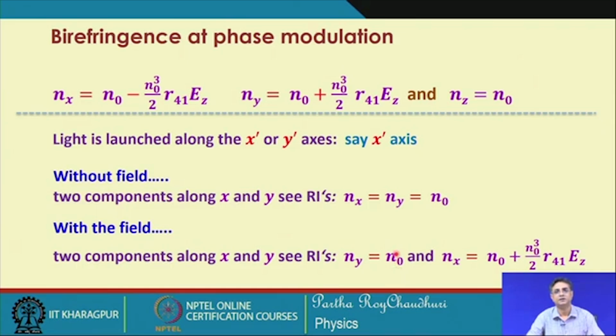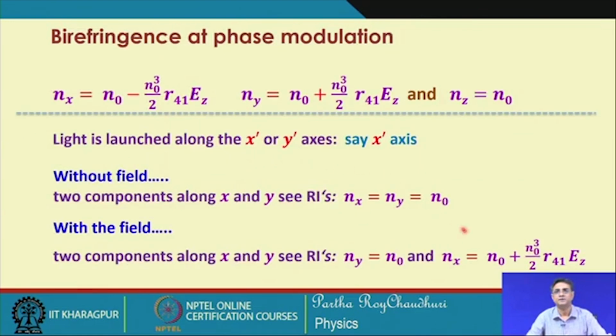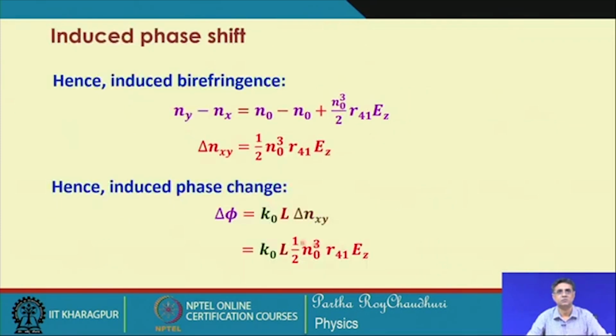So, you have injected light only along this axis. So, along the y axis the refractive index you have is n 0, whereas along the x axis this is the new refractive index seen by the light, which has the component along the old x axis.